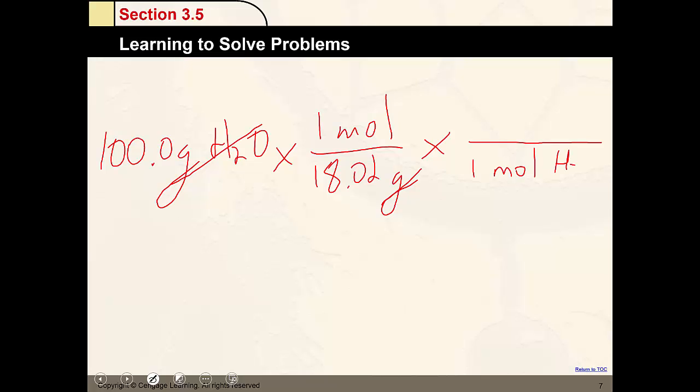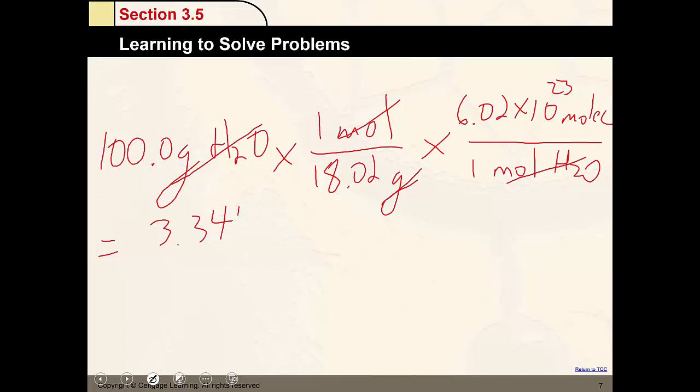So we know for every 1 mole of water, there's Avogadro's number of molecules. And when you do all that, we get 3.341 times 10 to the 24th molecules of H2O. So we still have to do one more step.